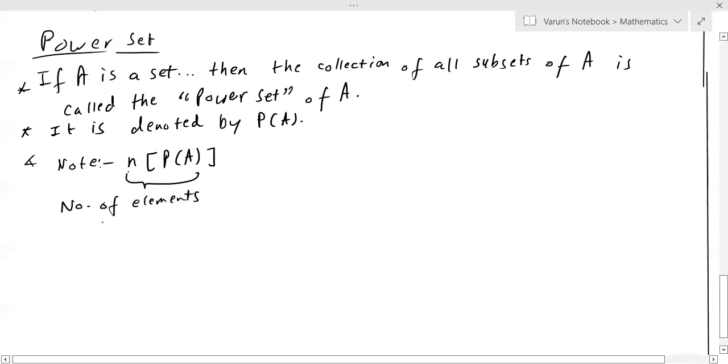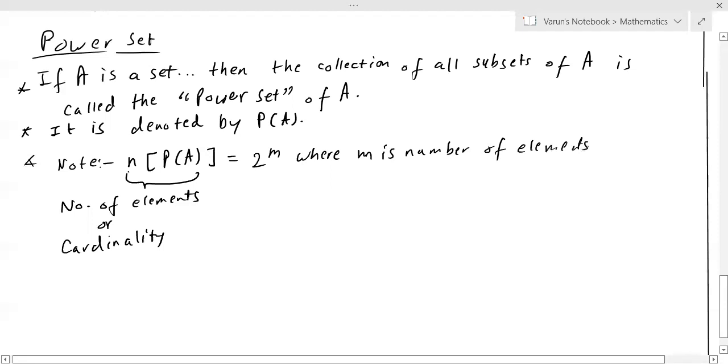Number of elements in the power set of A is equal to 2 raised to the power m, where m is the number of elements in A, or I can say that n(A) is equal to m.